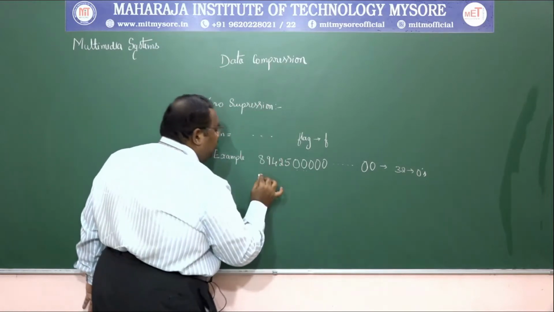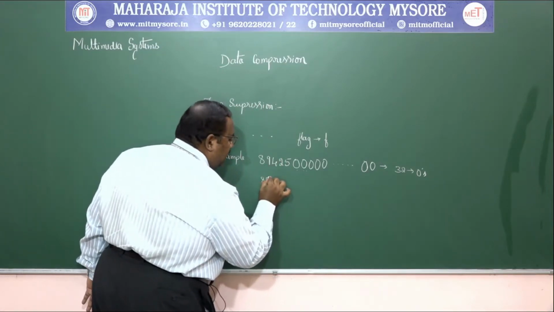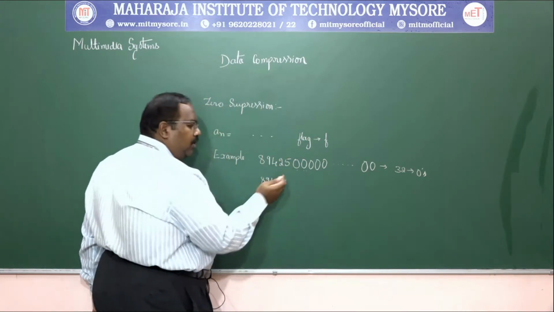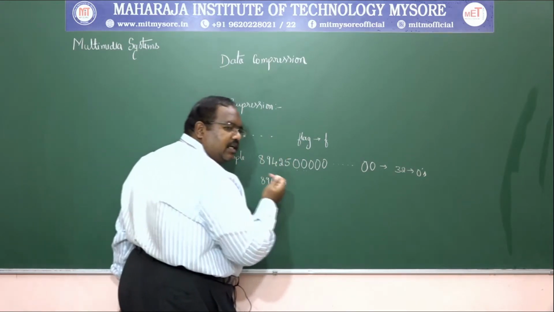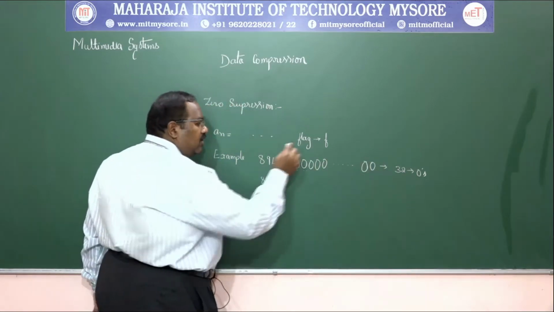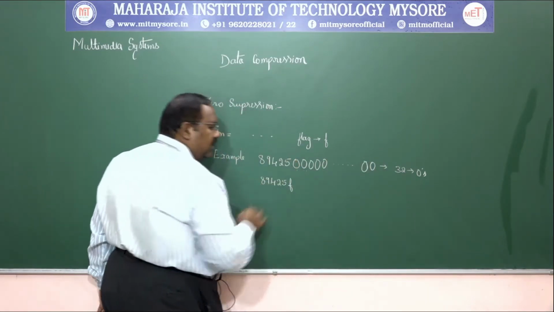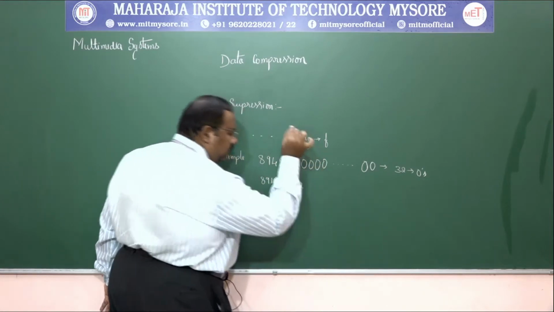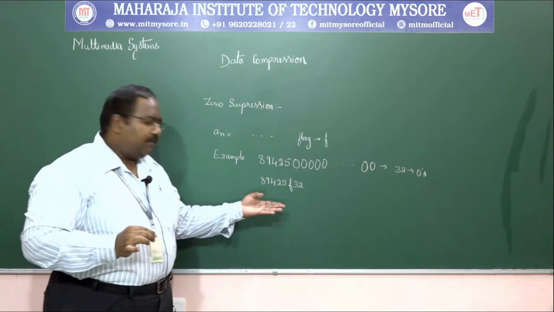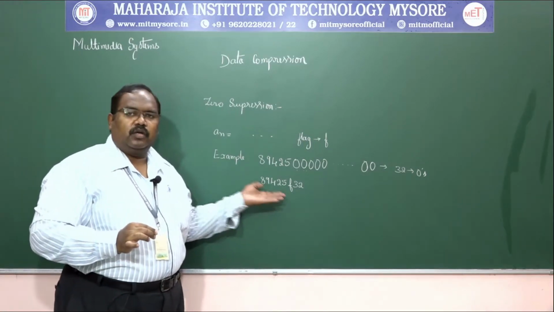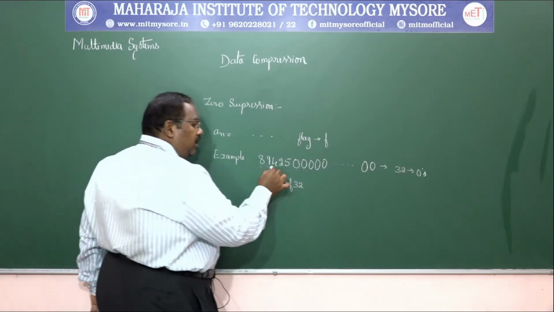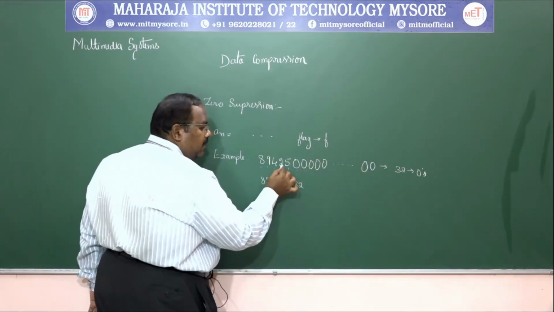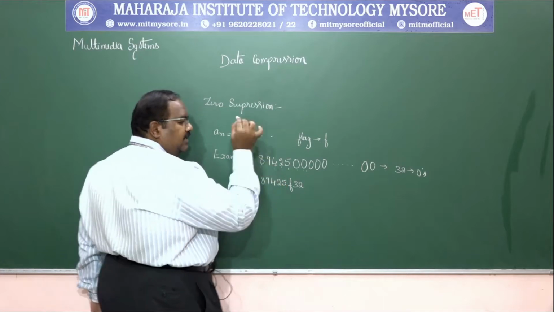Now with zero suppression, we write the same number as 8, 9, 4, 2, 5, because after 5 there is a continuous sequence of zeros. So we introduce the flag F. How many zeros are there? 32. This is how we represent the compressed code. Now look at this. There are n number of bits: 32 zero bits, 33, 34, 35, 36 and 37 bits.